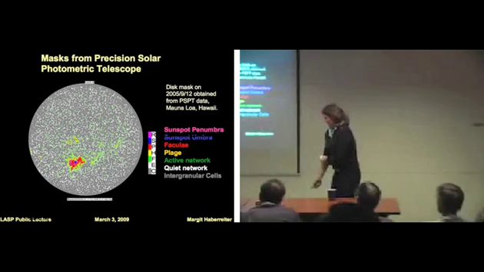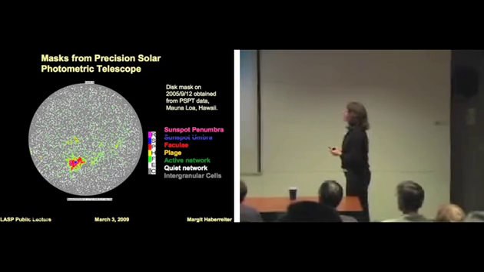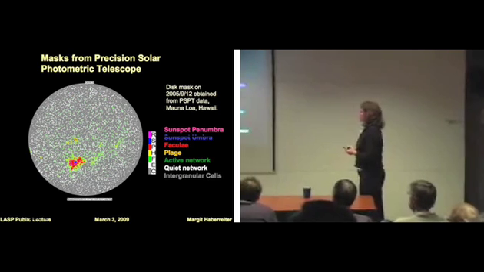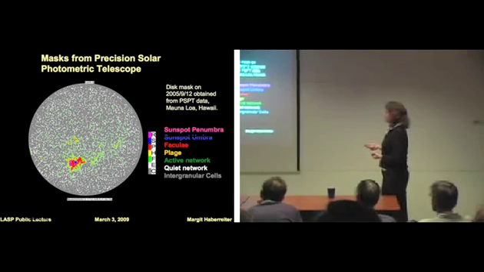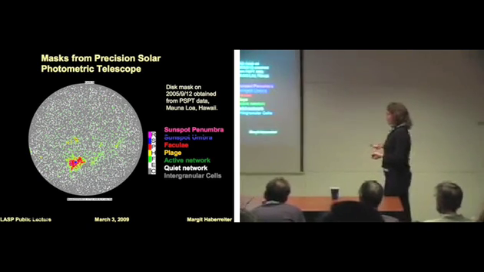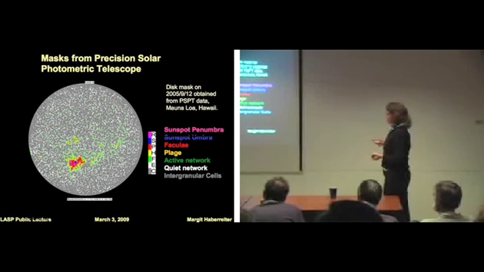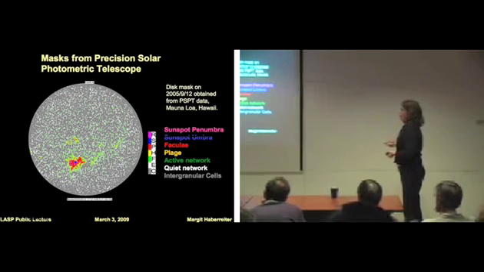So now let me talk a little bit more about how we can learn about the spectral variability over the solar cycle.